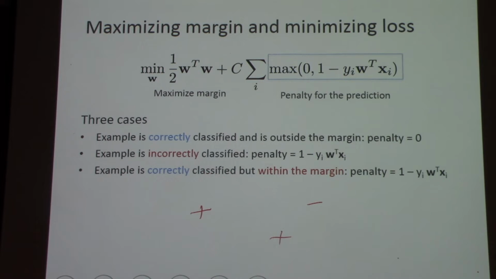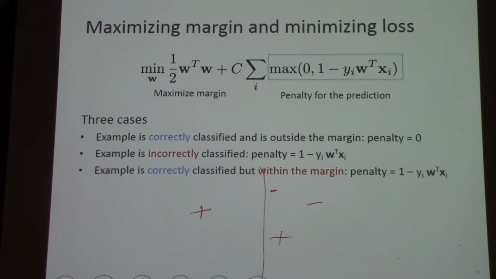But let's say that during training at some point, our learning algorithm comes up with a different line which looks like this. In fact, let's have another minus also. Our learning algorithm is entertaining the possibility that this line is the right separator.